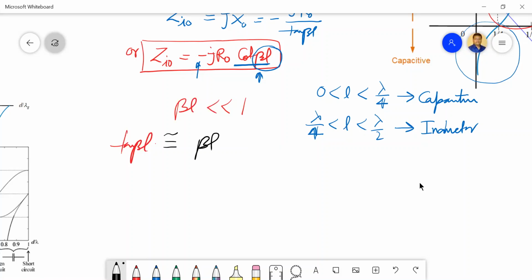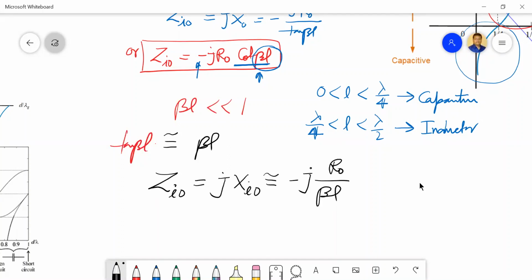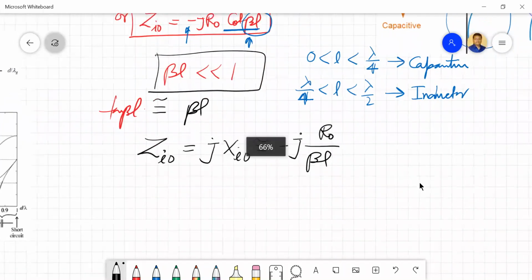Yes. So what is Zio? Zio is equal to minus jR naught over beta L. Can we write this? This cot beta L we can replace with 1 over beta L as per the assumption. I'm taking one assumption, a case you can say.